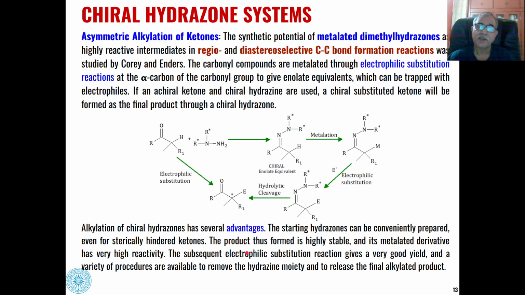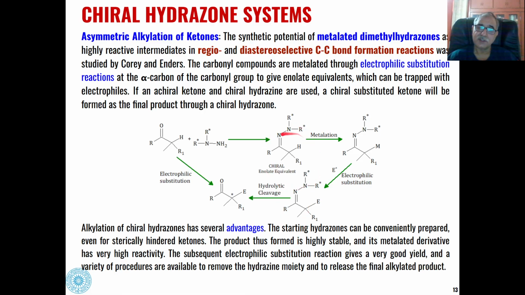And the advantages of this type of methodology are that these hydrazones, which are prepared from chiral hydrazines, can be easily prepared, and even sterically hindered ketones can be used for synthesis of these types of chiral enolate equivalents.